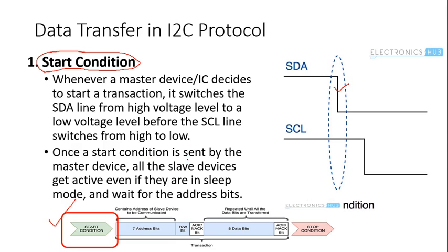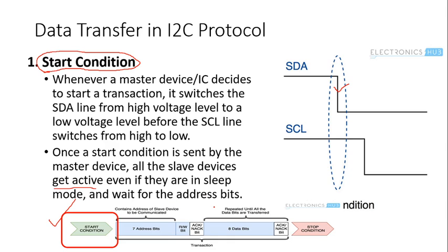Once a start condition is sent by the master device, all the slave devices get active. Whenever the start condition is sent by the master device, all the slave devices get active even if they are in sleep mode, and wait for the address bits.